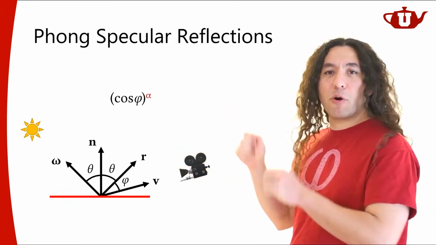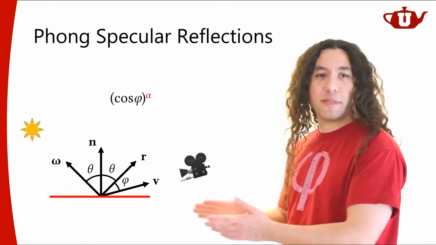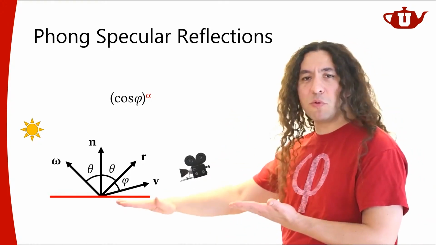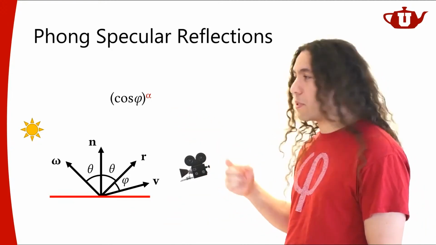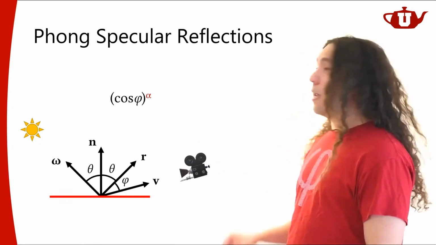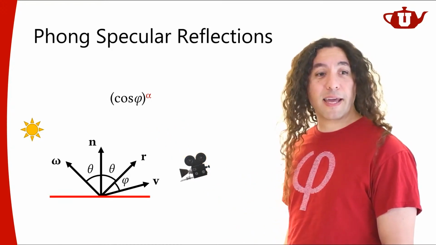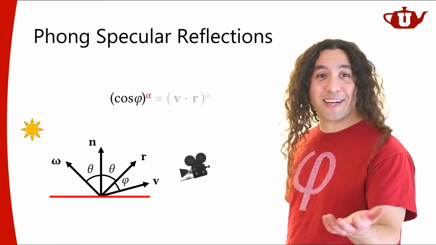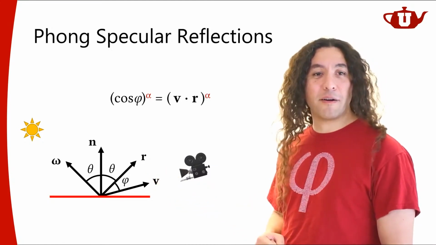And I'm going to pick that exponent. How I pick that exponent will determine how rough the surface is. If it is perfectly smooth, then I need to pick a very, very large alpha. We'll see some examples. If not, I'm going to pick a smaller alpha value. And how do I compute this cosine? Cosine phi, again, dot product, right? It's going to be the dot product of V and R.